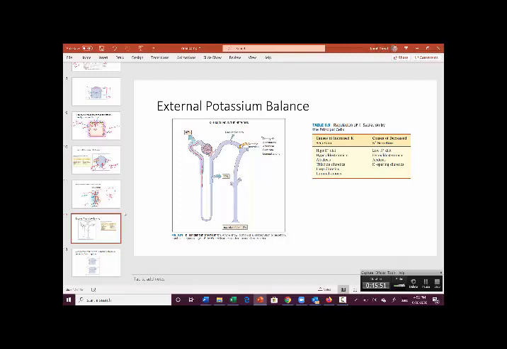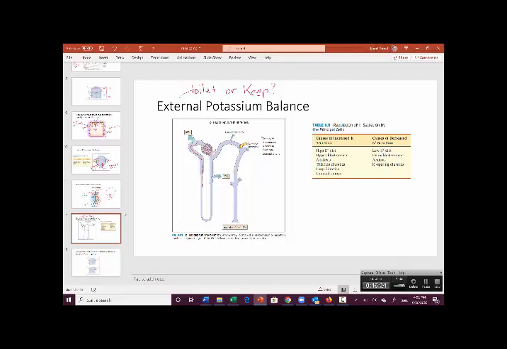So when we're talking about external, think toilet or keep. Okay, so the potassium is in the filtrate. If we don't do anything to reclaim it, it's on its way to the toilet. If the potassium is filtered and we do reclaim it, do reabsorb it, then we're keeping it. So that is what we mean by external potassium balance.